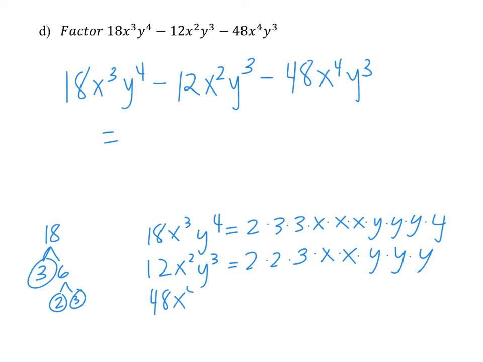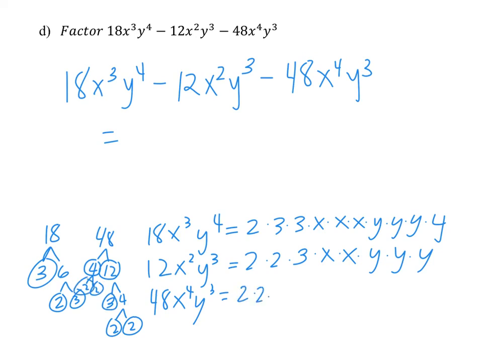48 x to the 4th y cubed. 48, okay? 48 is just 4 times 12. That becomes 2 and 2. This is 3 and 4. That's 2 and 2 again. So we have 4 2's, a 3, 4 x's, and 3 y's.